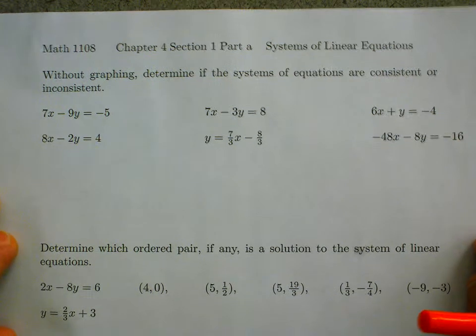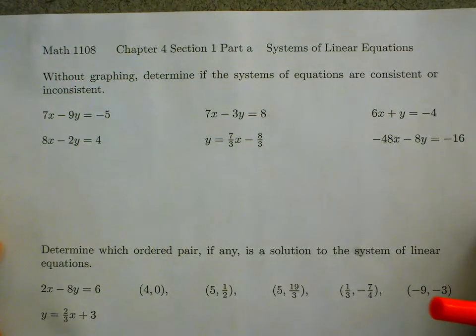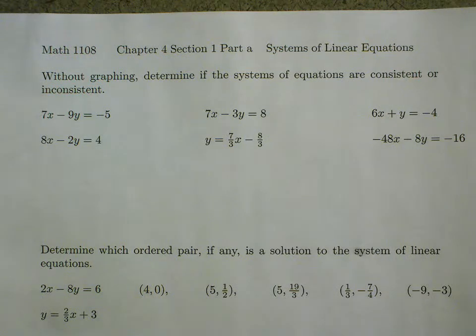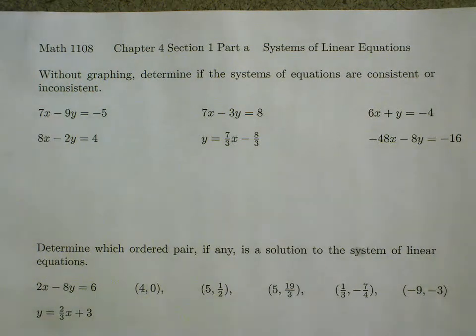Okay, on these next exercises, let's determine if the systems of equations are consistent or inconsistent. We don't have to graph them to do that. All we have to do is what?